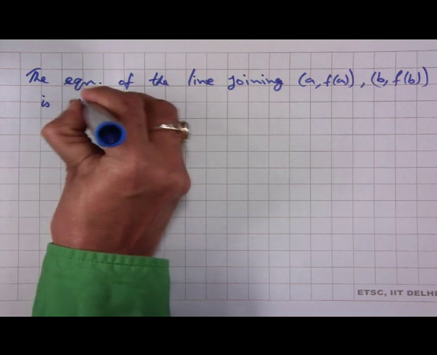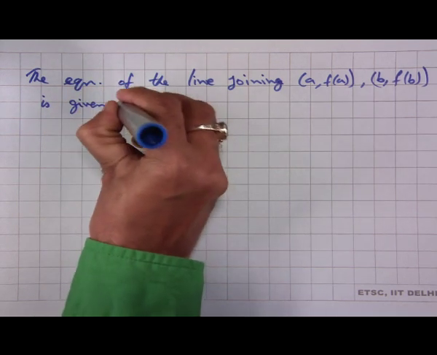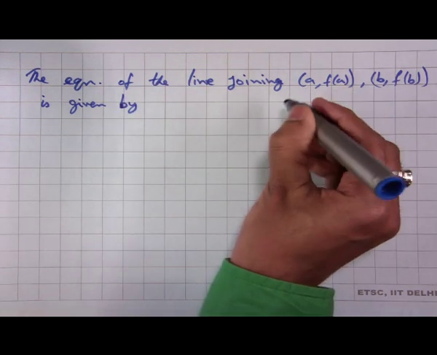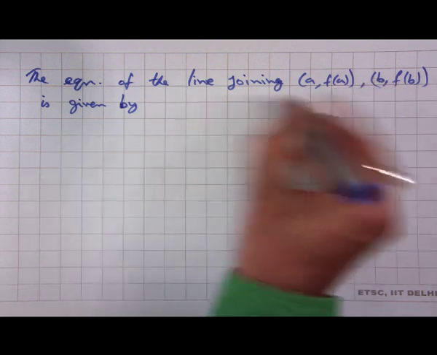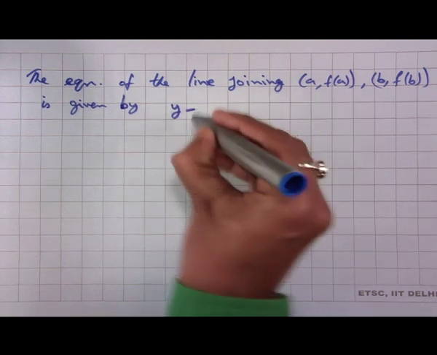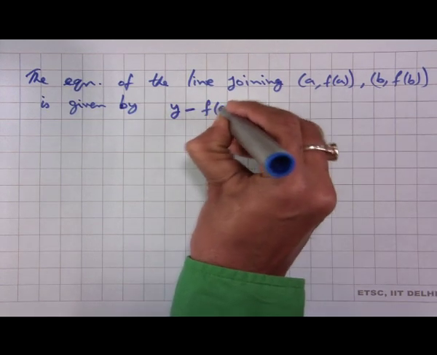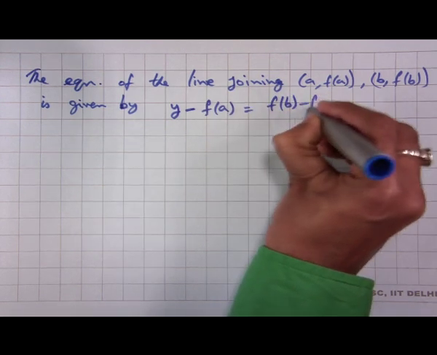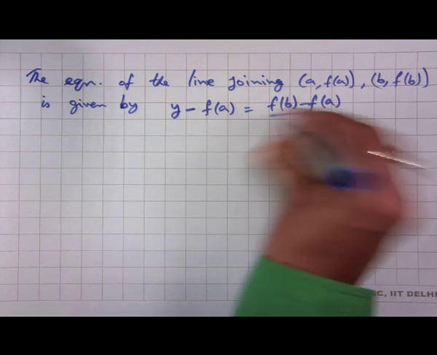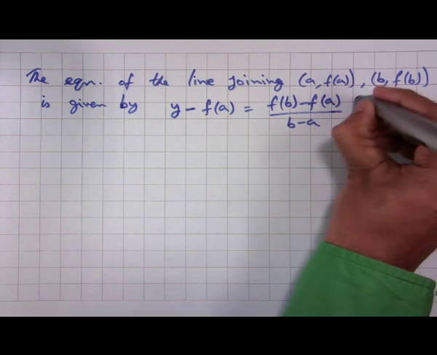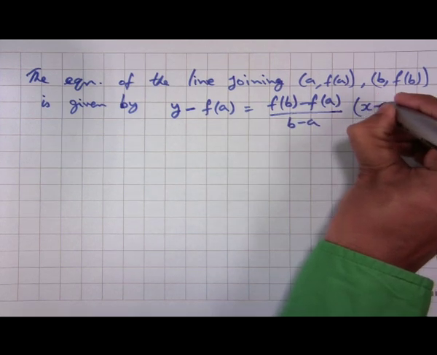You must have learned in coordinate geometry that the equation of the line joining two points is given by y minus f of a is equal to f of b minus f of a by b minus a times x minus a.